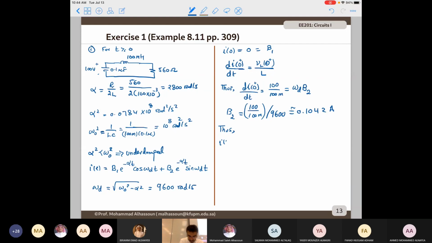Therefore, the current is B2, which is 0.042, e to the power negative alpha, which is e to the power negative 2800, sine omega d, which is 9600 t amperes, and this is true for t greater than or equal to 0.